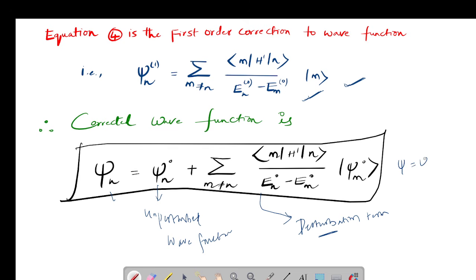That is, psi equals psi n naught plus psi n power 1. If you find the second order also, we can write plus psi n power 2. This is the corrected wave function. So this is about the first order correction to the wave function.